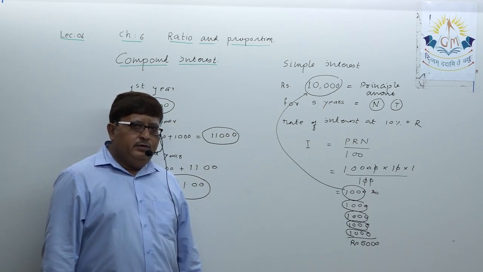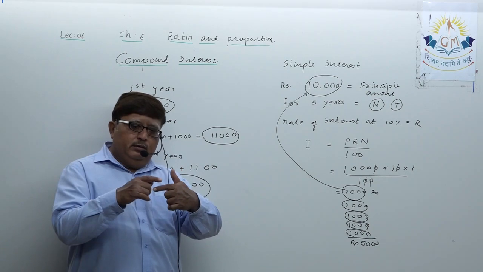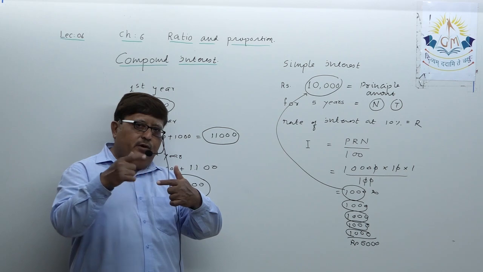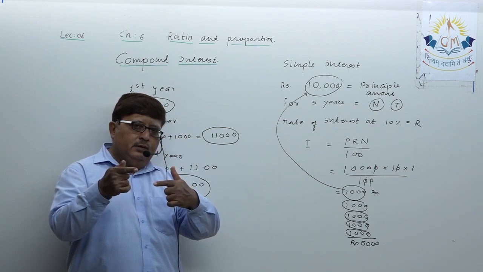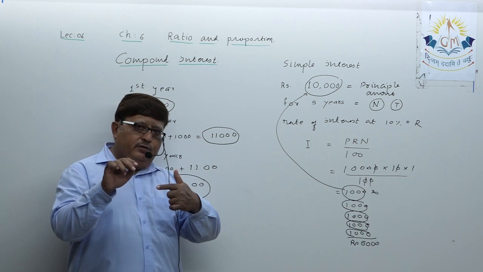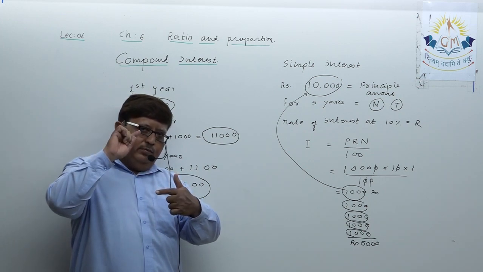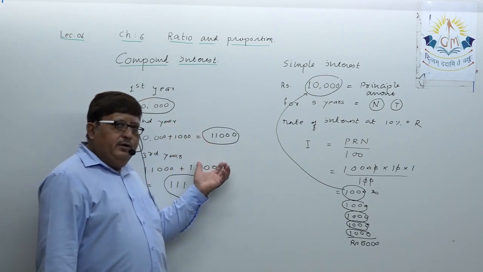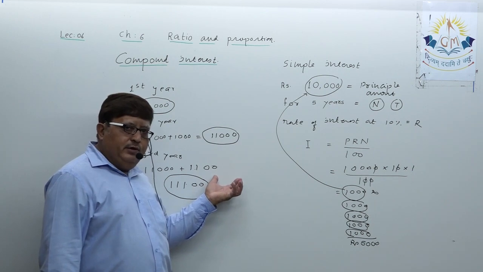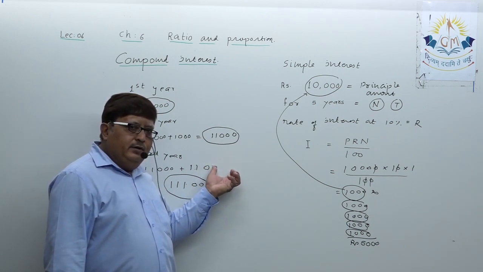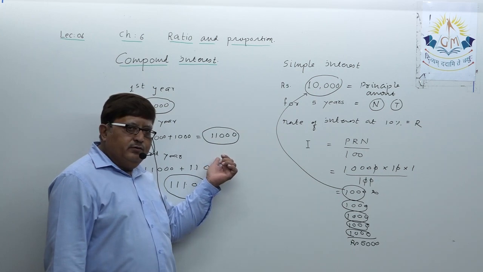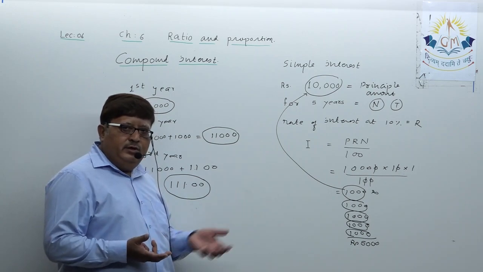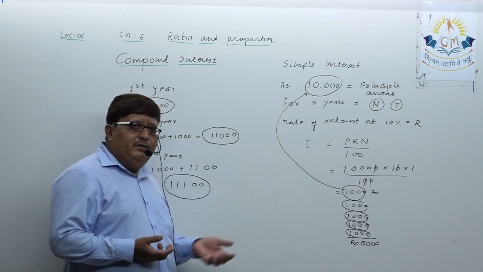In compound interest, principal changes every year by addition of interest of the previous year. So obviously, every year when principal is going to change, interest is bound to increase every year.